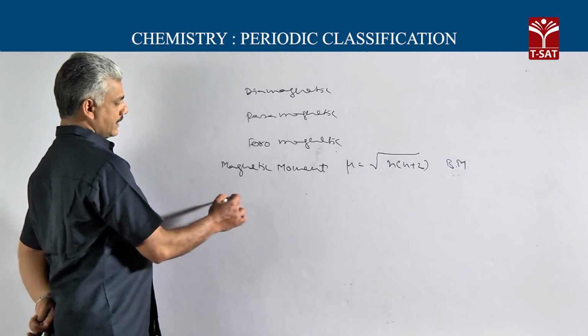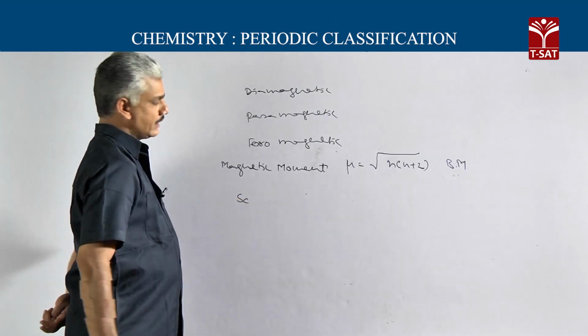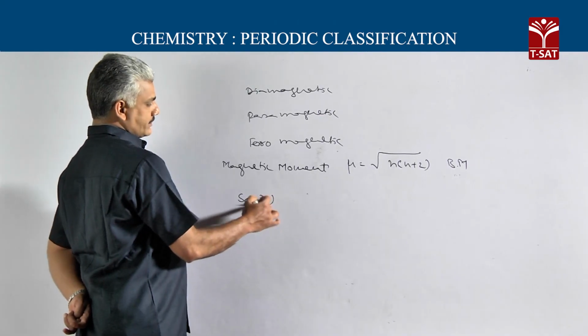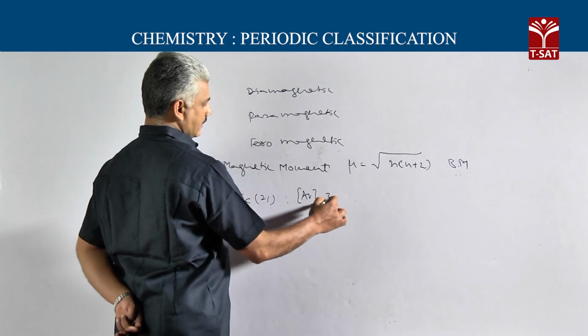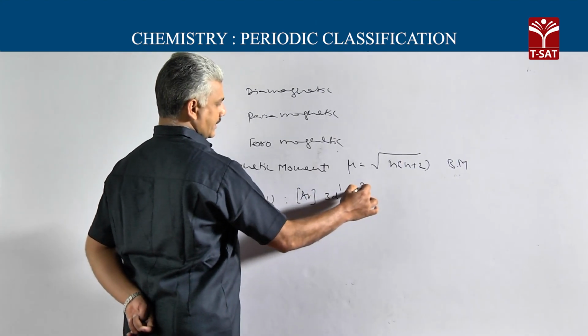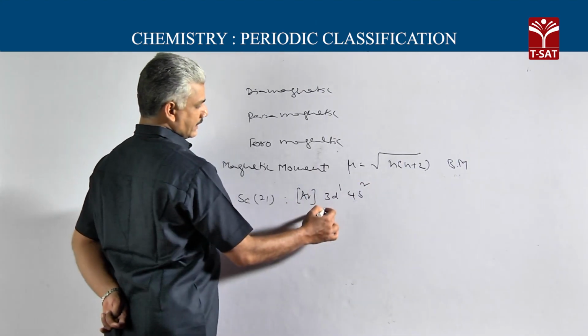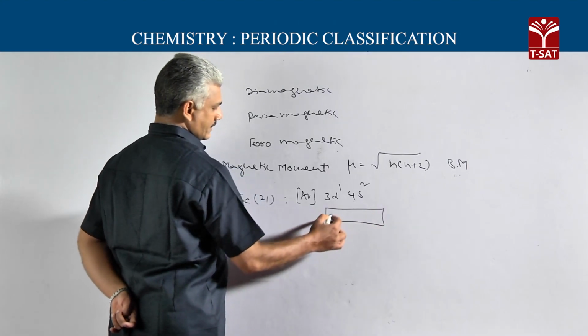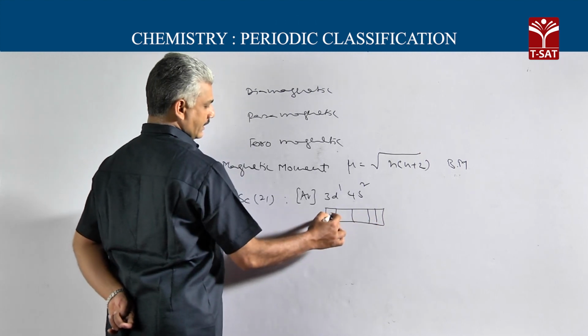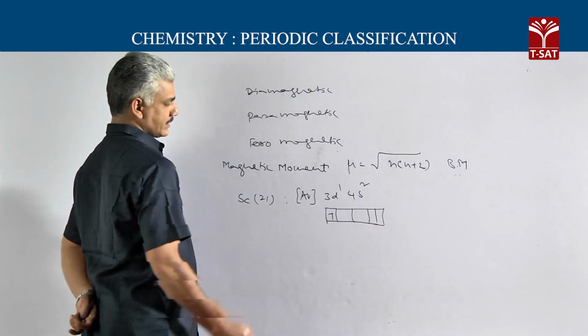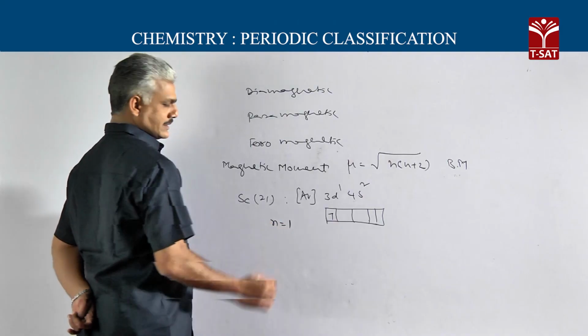Say for example, if you take scandium, its atomic number is 21. Electronic configuration can be represented as argon 3d1 4s2. So, in the 3d level, one unpaired electron is present. Therefore, n value is 1.